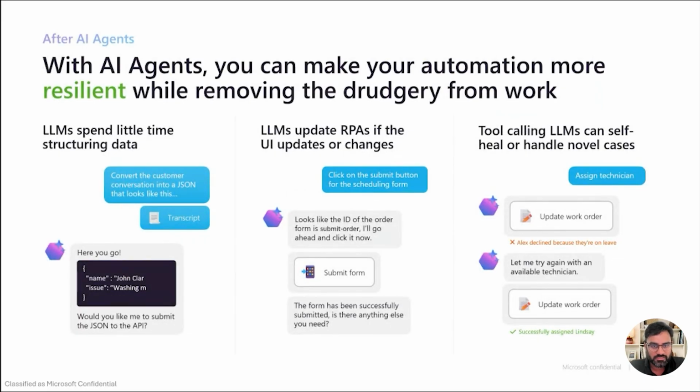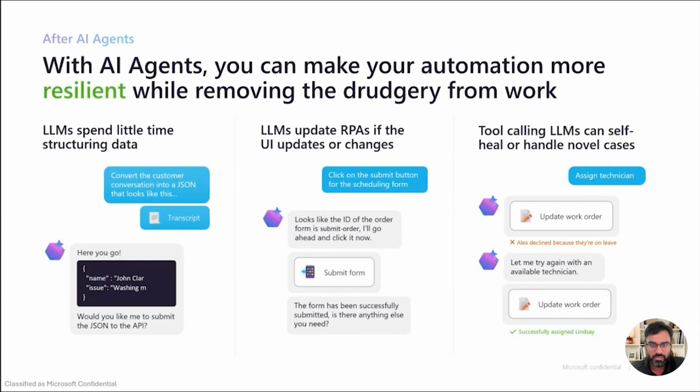the agents, after agents, right? These agents can work more resiliently. Previously you had to be very constructive. The input should be in a constructive manner, and if there are any changes to any backend endpoints like an API, that still needed to be modified by the developer.